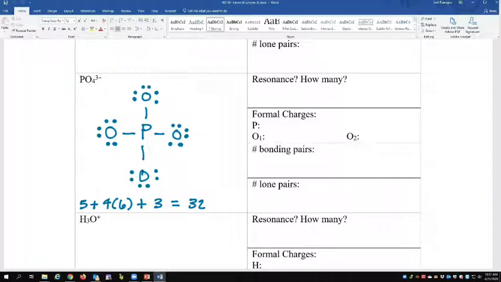And we want to say, yay, we're done. Except we're not done. Oops, not that one. We do need to put brackets around this and indicate the charge on the outside. But we need to check the formal charges.